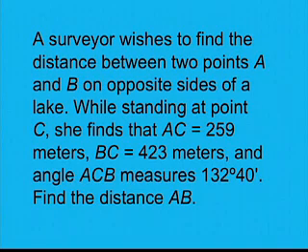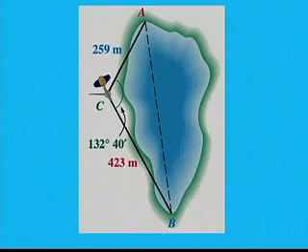Find the distance AB, and here's the graphic that shows what the surveyor was looking at. It gives us the angle C as measured 132 degrees 40 minutes. It gives us side A as 423 meters, and it gives us side B as 259 meters.